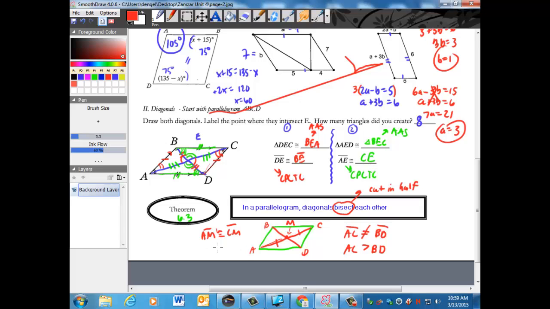And then what we can also say is that BM is congruent and equal to DM. All right, and we can put 2 marks here. But what we're not saying is that these two diagonals are each congruent. We're just saying that diagonals bisect each other, which means that they cut each other in half.